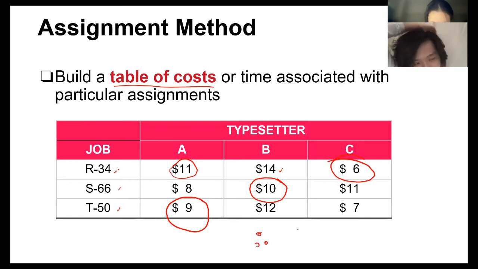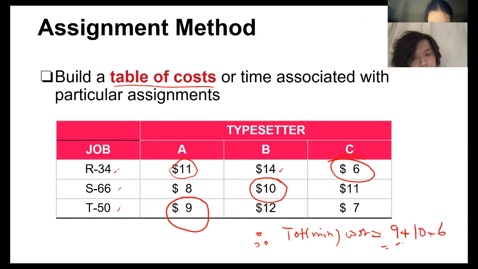Therefore, the actual total minimum cost is the summation of 6 and 9 plus 10 plus 6, which is 25. You can check inside here.